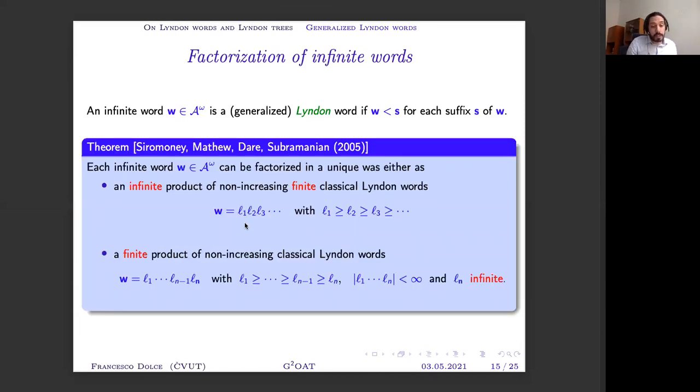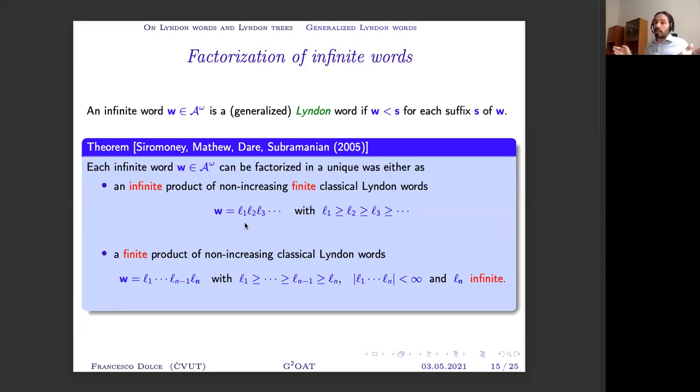Well, an interesting result by Chen, Fox, and Lyndon is that you can factorize not only finite words, but also infinite words as a concatenation of Lyndon words. Of course, since we are talking about infinite words, what does it mean to factorize as a concatenation of Lyndon words?